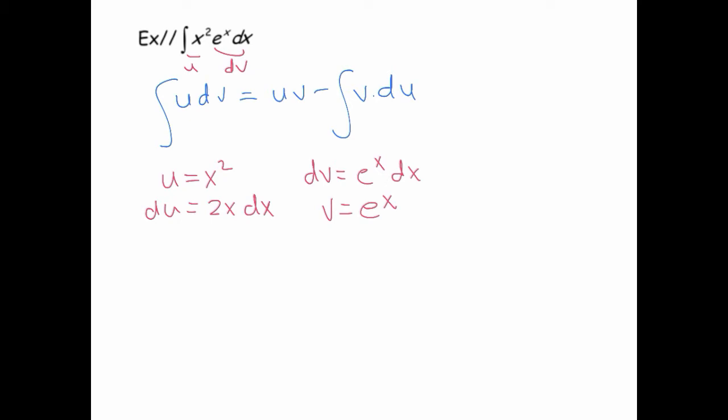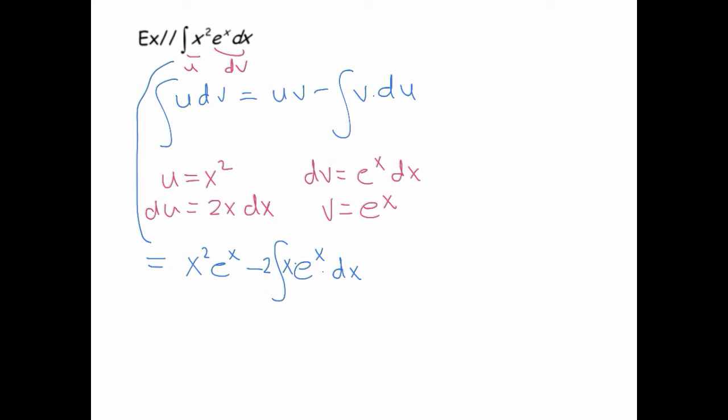So this integral up here is equal to uv minus the integral of v times du, which is 2x dx. So I'm going to squeeze the 2 in here, the x here, and the dx there. Okay, so doesn't look like it helped a whole lot, but it did.